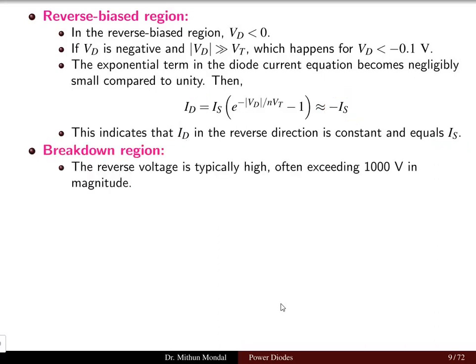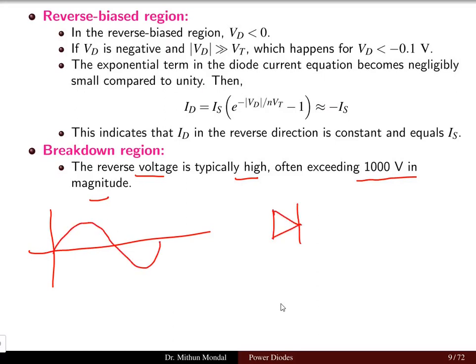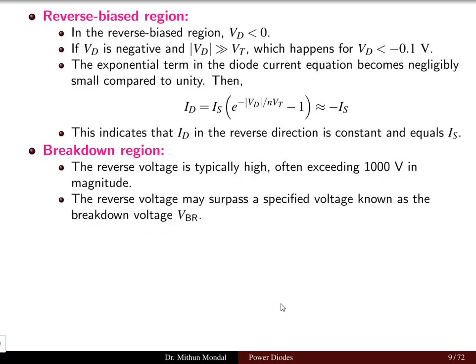When we talk about the breakdown region, the reverse voltage is typically very high, often exceeding 1000 volt in magnitude. So if you are applying any potential to the diode, then the negative potential can be as high as 1000 volt. The reverse voltage may surpass a specified voltage known as the breakdown voltage.